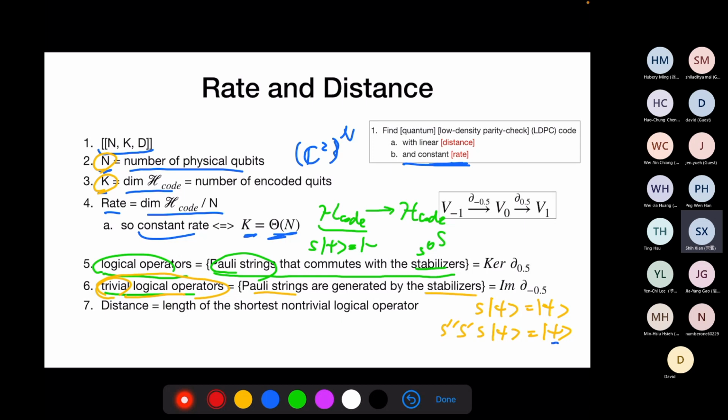Say if I have n equal to 8, then one of these encoded qubits is actually 8 qubits. So how do I know which is the 0 state or the 1 state?